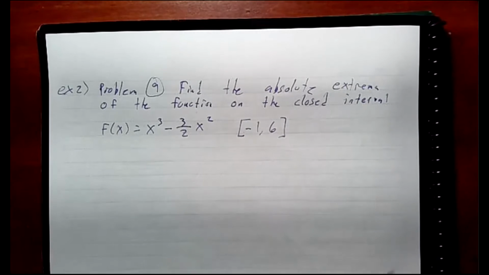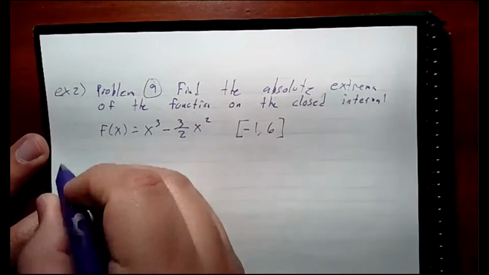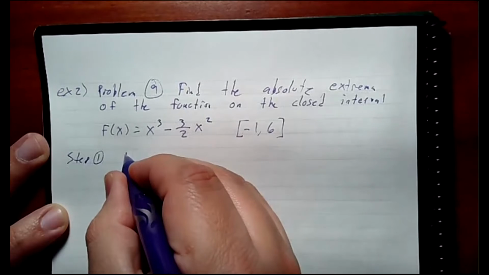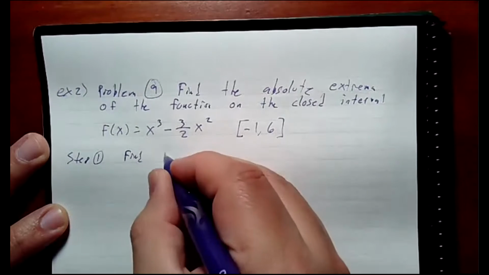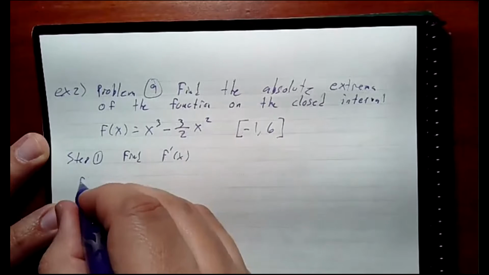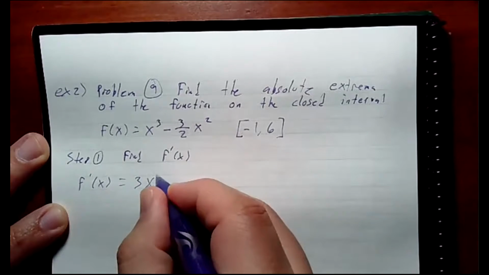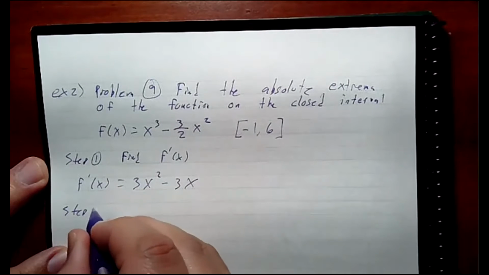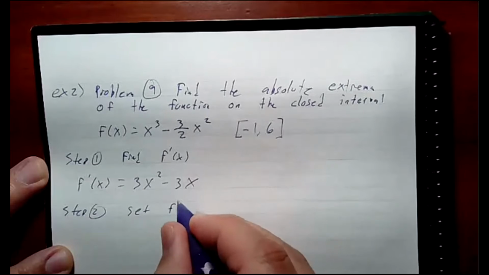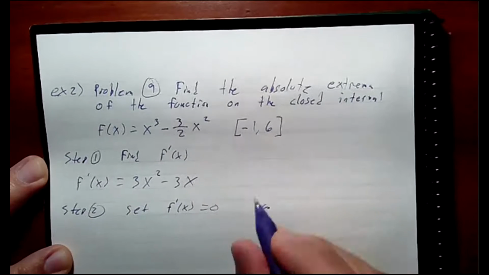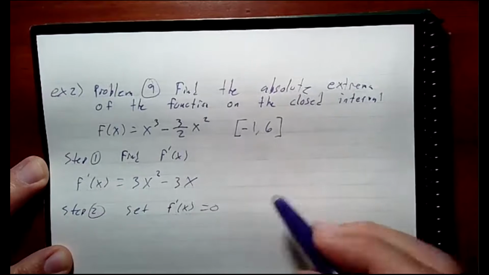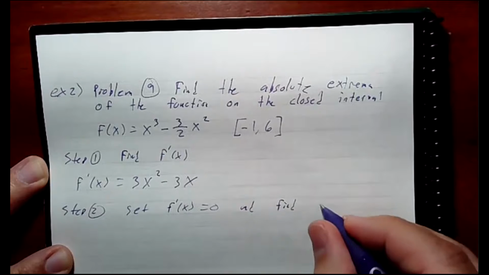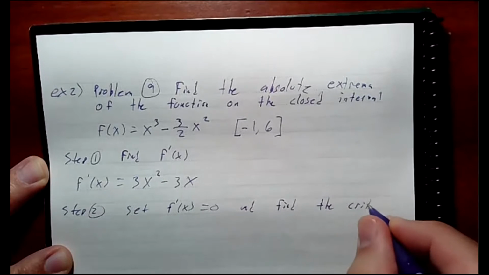So step 1 to do this. Remember the guideline said, find the critical numbers. But we first need to get the derivative. So the first derivative will be 3x squared minus 3x. Step 2, set f prime to 0 and find the critical numbers by solving for that.